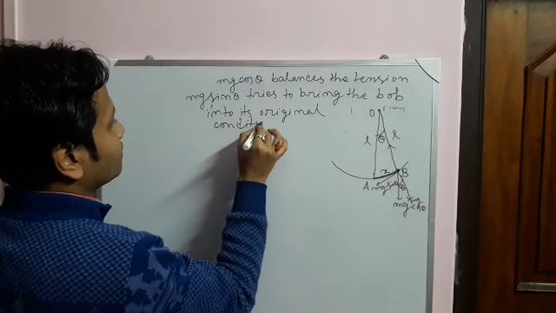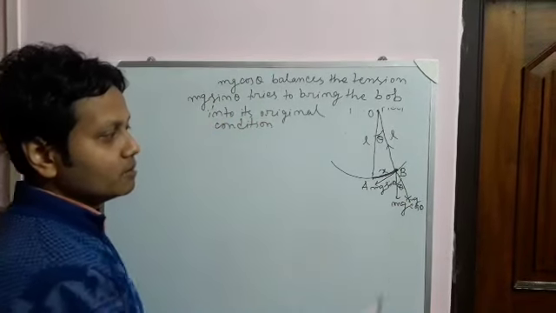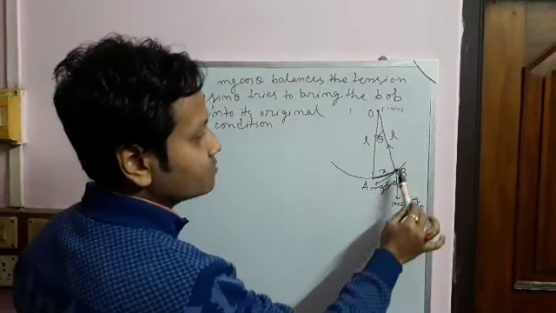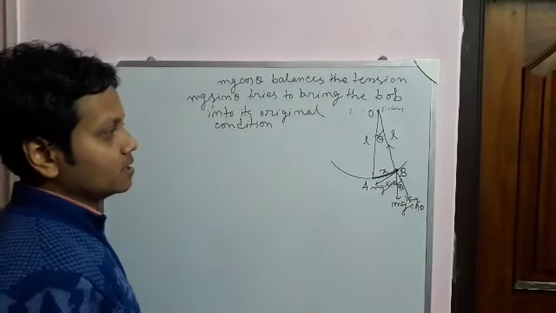Okay, so these are the functions. At B there are two components of mg: mg cos theta balances the tension and mg sin theta tries to bring the pendulum bob into its original condition.